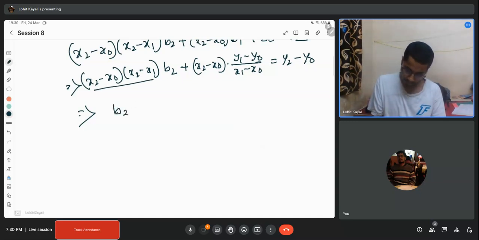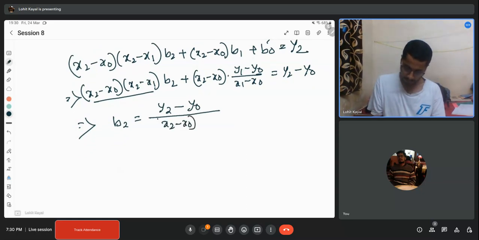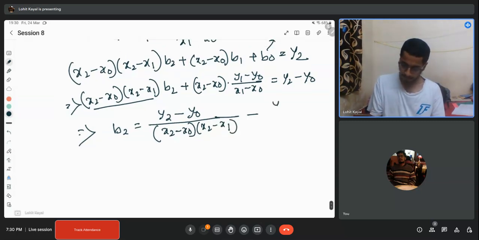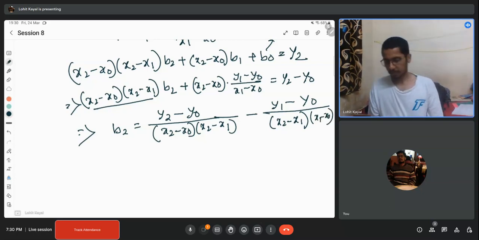So b2 is equal to [(y2 minus y naught) by (x2 minus x naught) minus (y1 minus y naught) by (x1 minus x naught)] divided by (x2 minus x1).